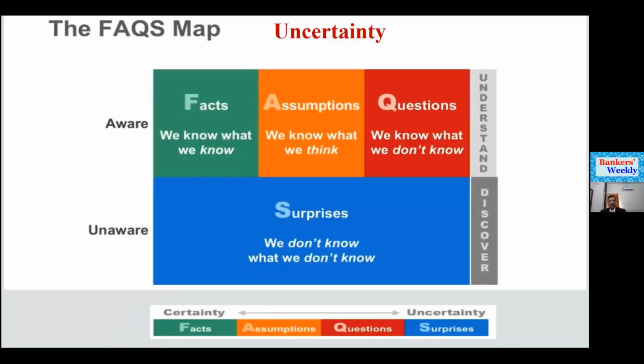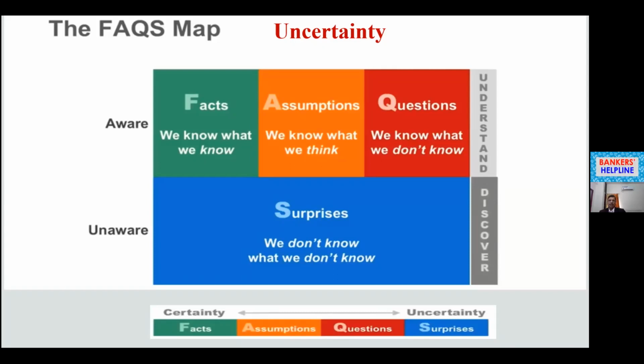Uncertainty or risk can be explained with this map, FAQs: the facts, assumptions, questions, and surprises. Facts means we know what we know. Assumptions, we know what we think. Questions, we know what we don't know. And surprises, we don't know what we don't know.